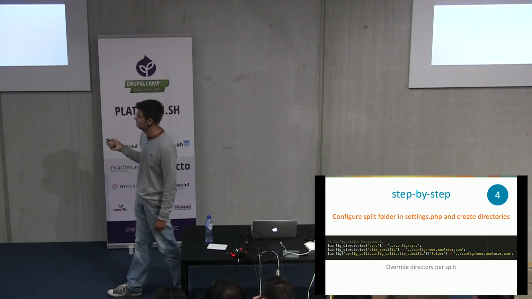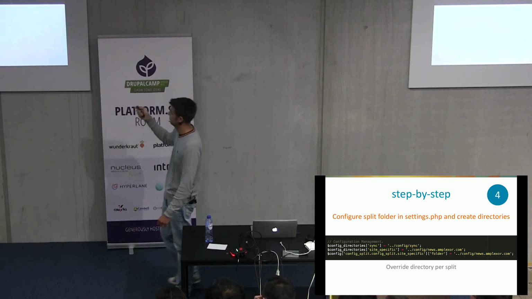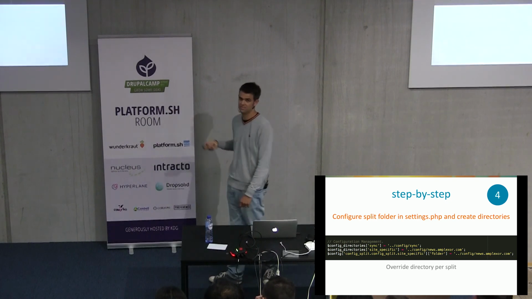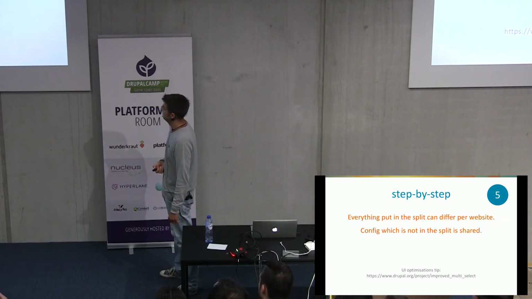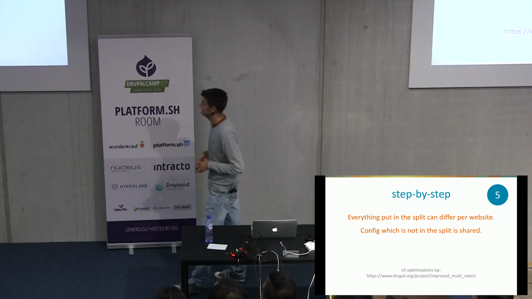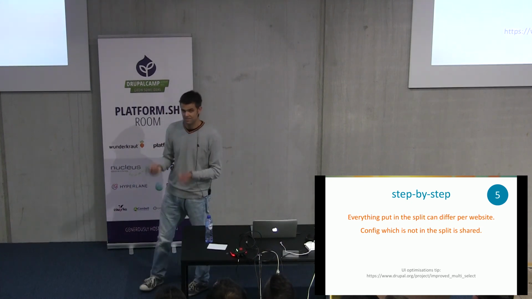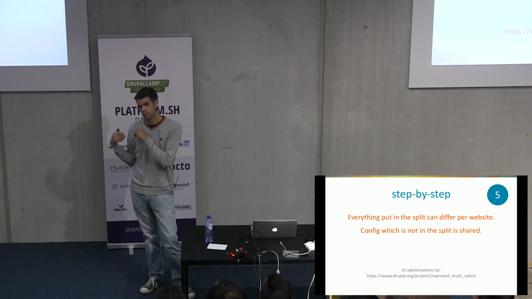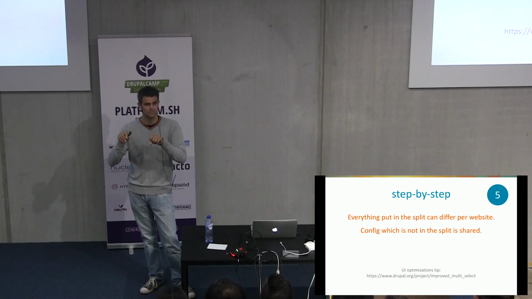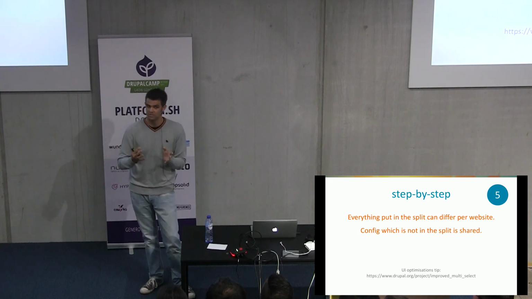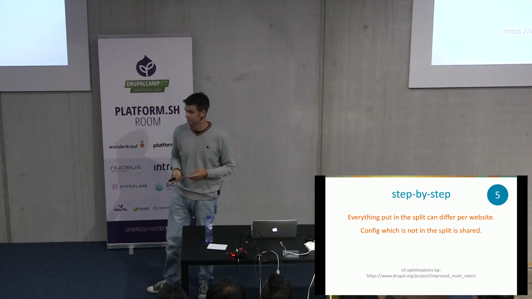So we override the directory for every split. We do the same for the events.blexpert.com website in its own settings file. Step 4. So what happens now is every configuration which you put in that split can differ between the websites. Everything you don't put in the split is shared across all websites.